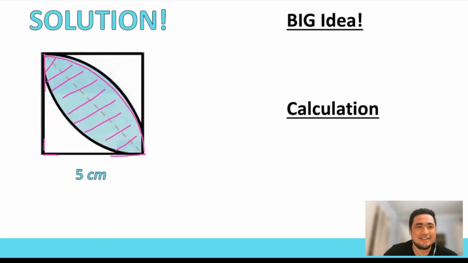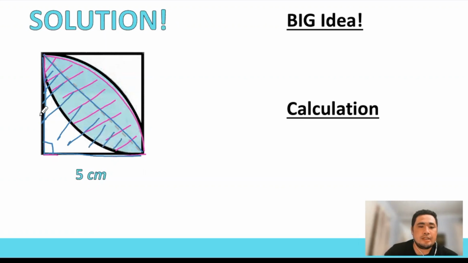Aha, the hint. The hint drew a line through the diagonal of the square here. And if we outline that line, we would get a right triangle inside the square. So I think you guys got it by now.